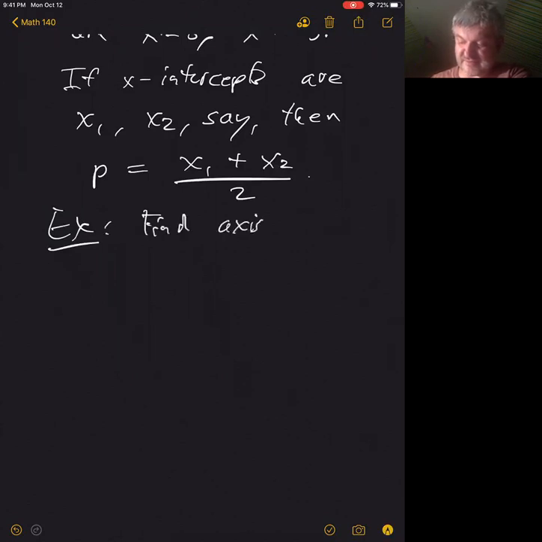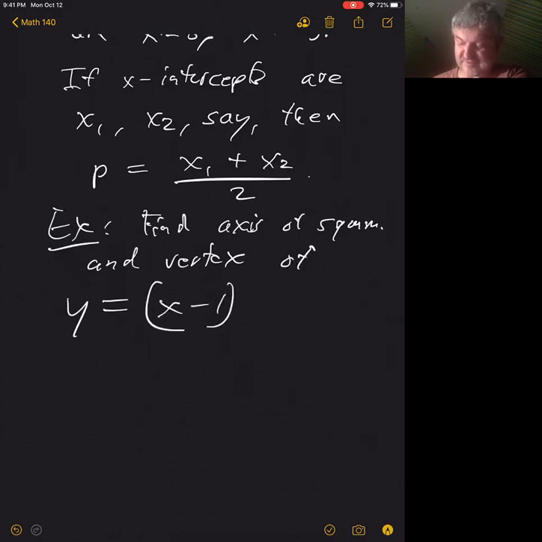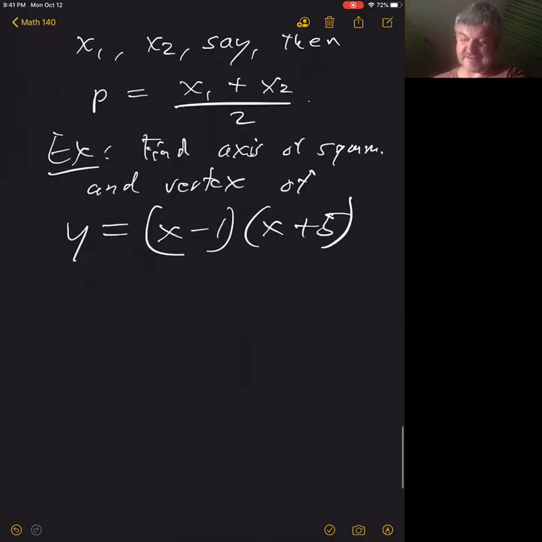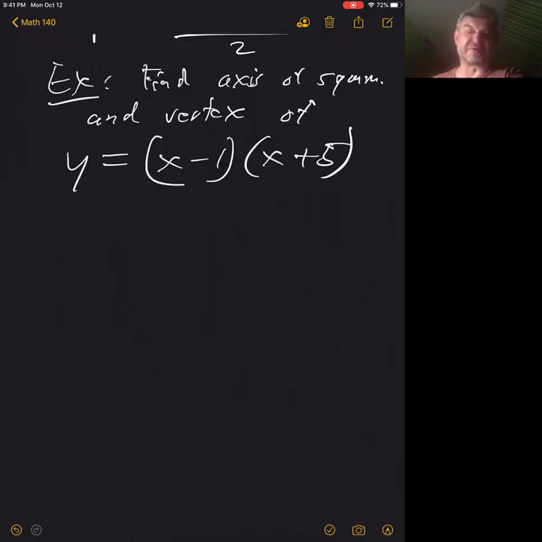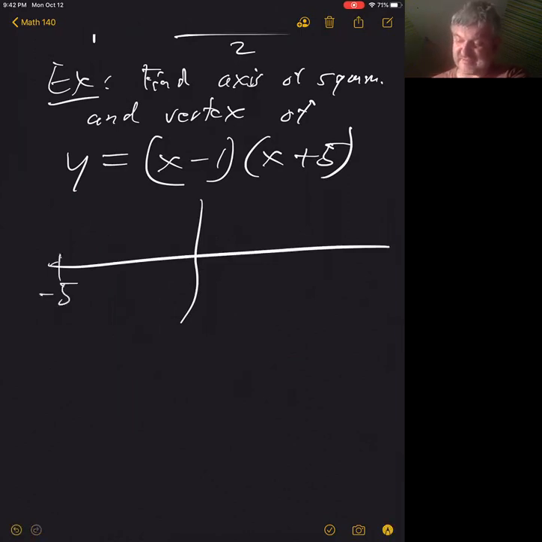Find the axis of symmetry and the vertex of y is (x minus 1) times (x plus 5). Okay, so you might go through the whole rigmarole with the shifting and the completing the square, but this is a shortcut. This is much easier if you use that thing with x-intercepts. So we got x equal to -5 and x equal to 1.